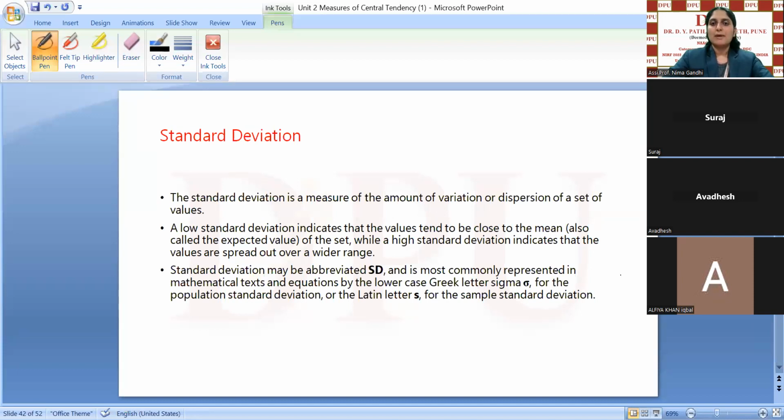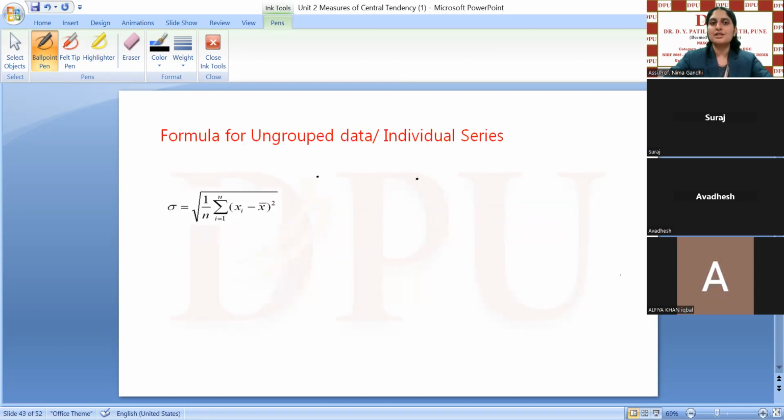We denote it by SD or sigma. When you are doing the calculations for a population, we generally use the Greek letter sigma, and when you are calculating the standard deviation for a sample, we use a small letter s. The formula is the square root of variance.